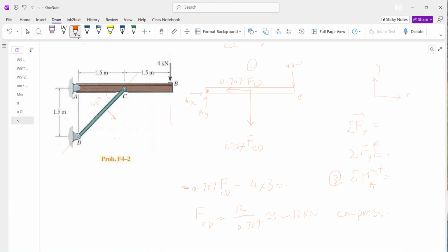All right, now we are in the position to find out AX, because applying the first condition, you have one horizontal force here, one horizontal force here, and that is AX positive minus 0.707 times FCD is minus 17 equal to 0.